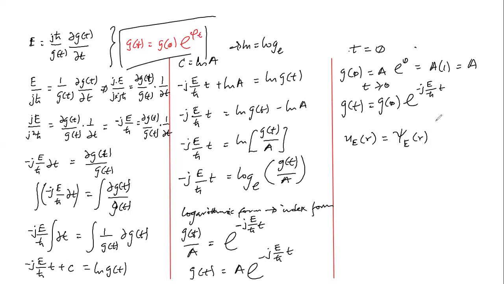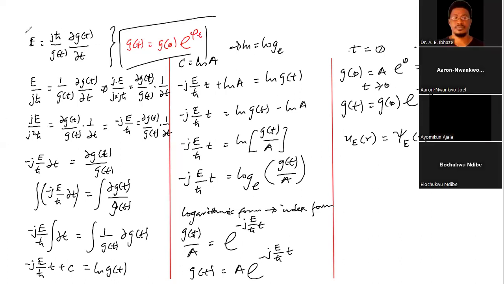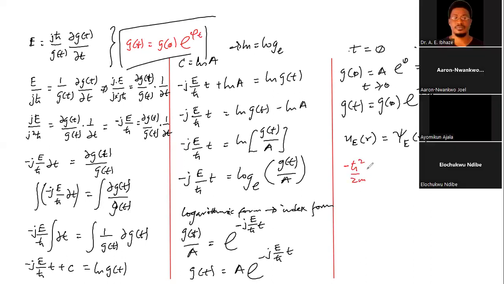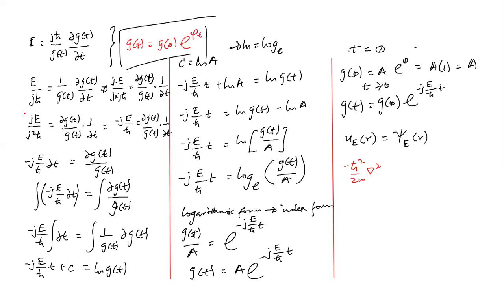Now recall that we already showed that the time independent Schrodinger equation in the previous slide is given as negative ħ squared over 2m times the Laplacian, plus V(r), acting on u(r), is the same as E u(r). Okay, we already showed this.